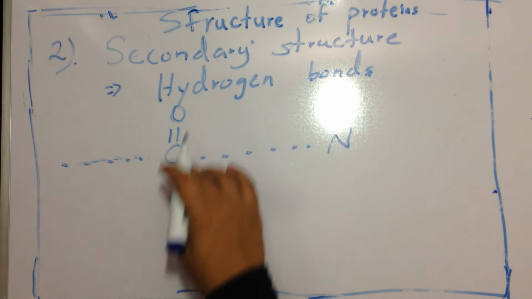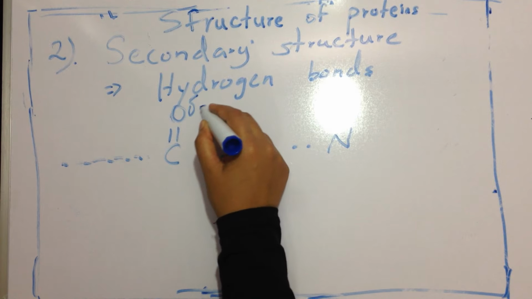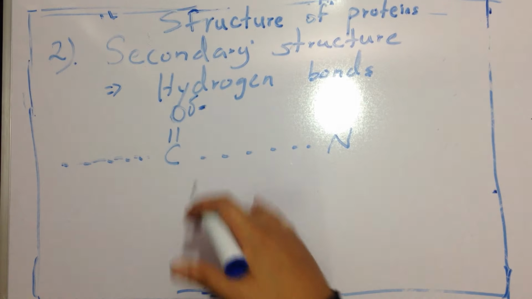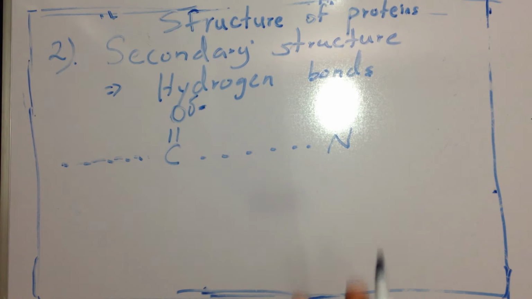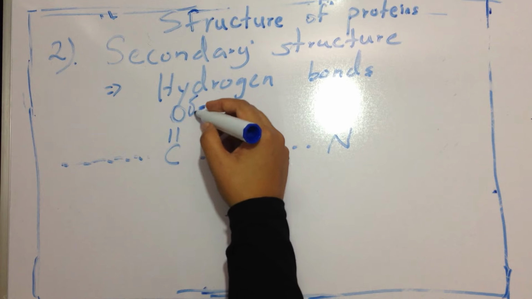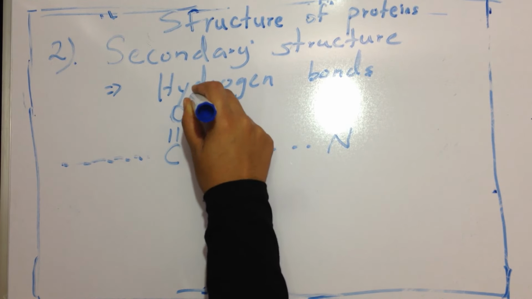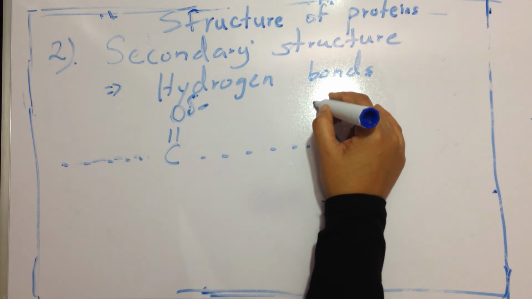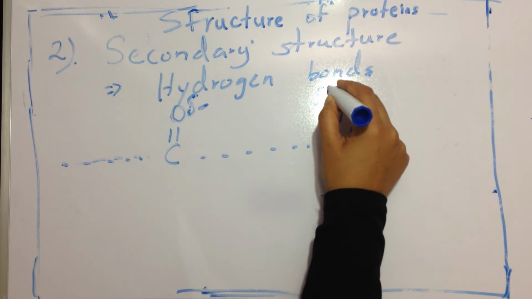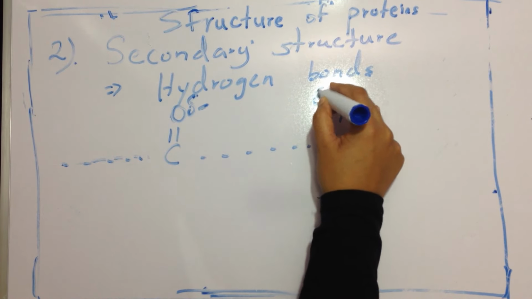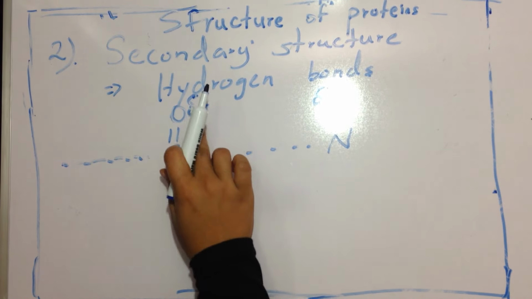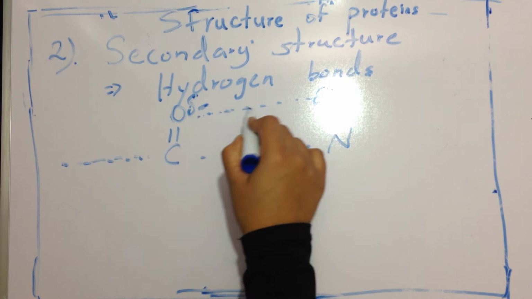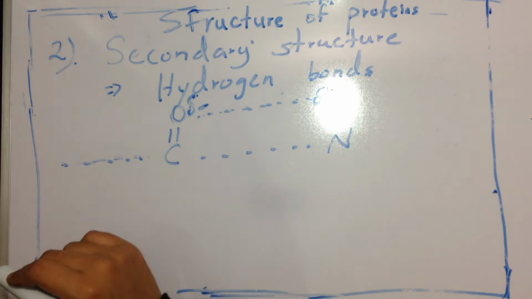In the CO group there is a very tiny delta negative, because the oxygen can attract the electron more in the bond, and they form a partially negative charge, and here hydrogen has a partial positive. So these partially negative and partially positive charges form a weaker bond that is called the hydrogen bond.